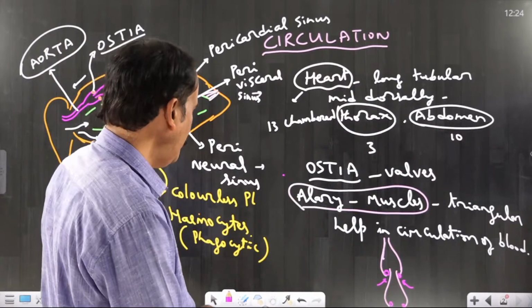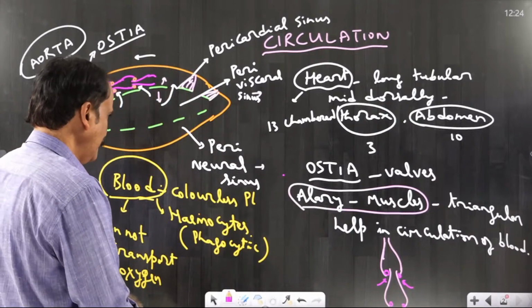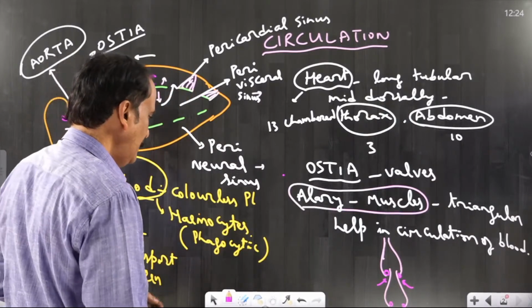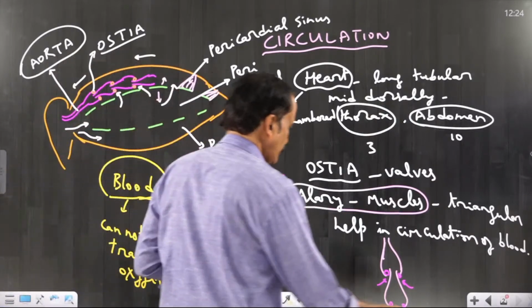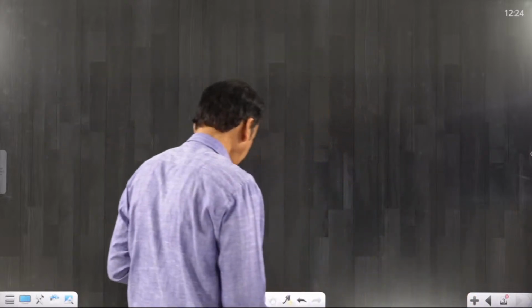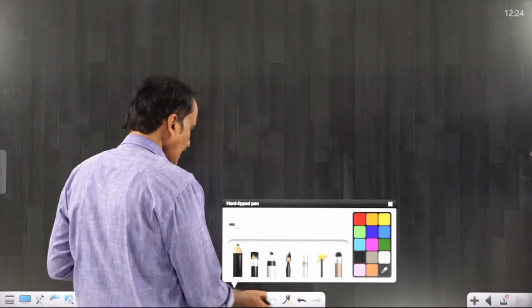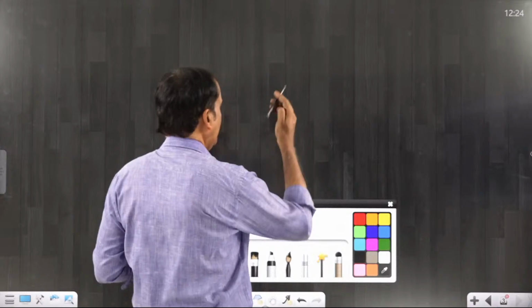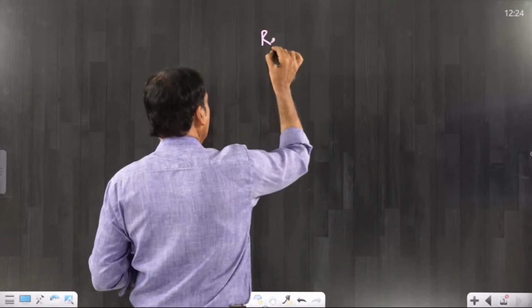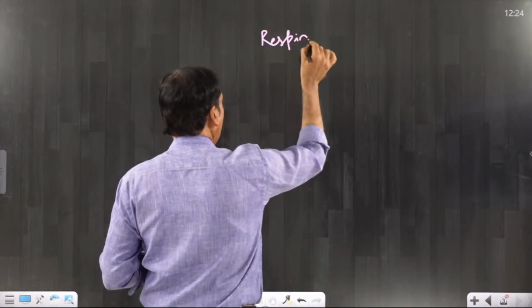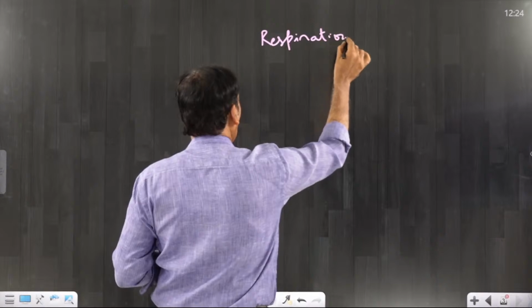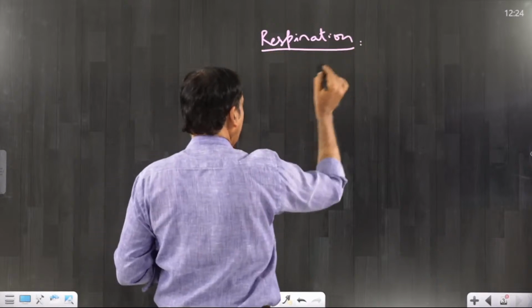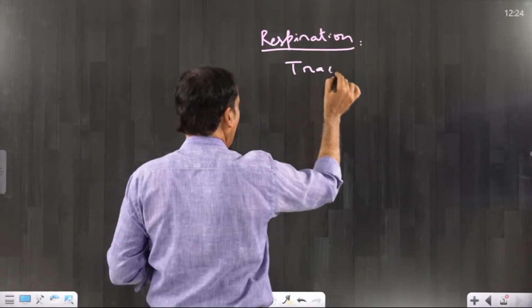And a brief note also about respiration. It is not discussed much in the book. Respiration in cockroach is carried out with the help of the branched tubes called the tracheal system.